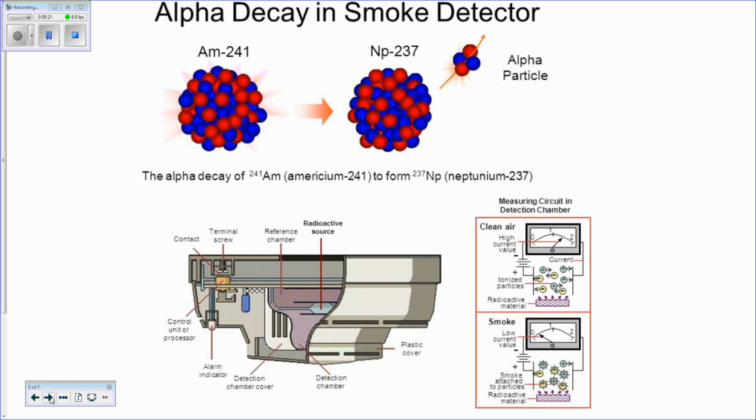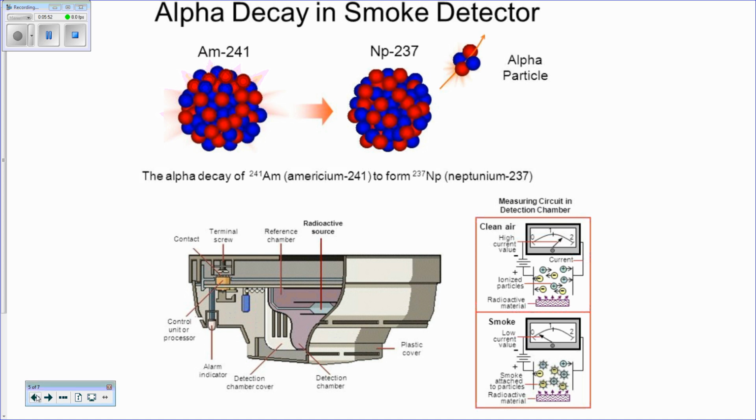You can see in our picture that our radioactive source is right in the middle. Should you be scared that you have something radioactive in your house? Nope, you shouldn't be scared at all. The clean air doesn't set off anything in the smoke detector, but as soon as it has smoke in it, it does set it off. So this is another example of using radioactive isotopes to do something very beneficial.